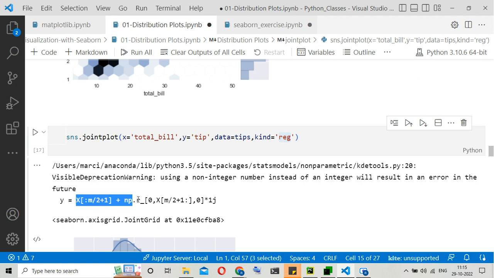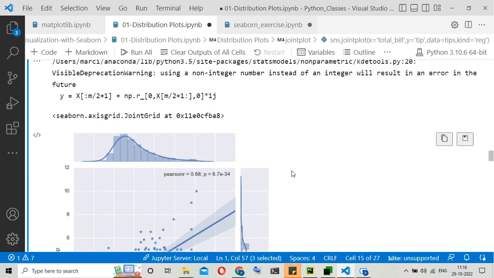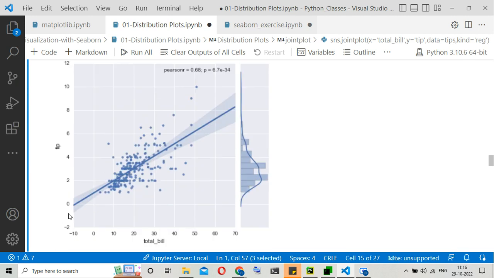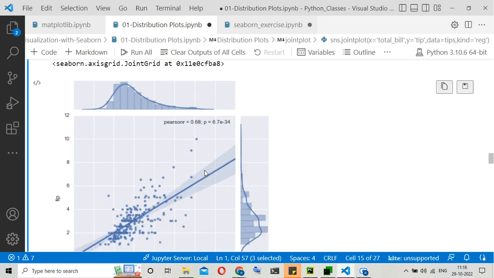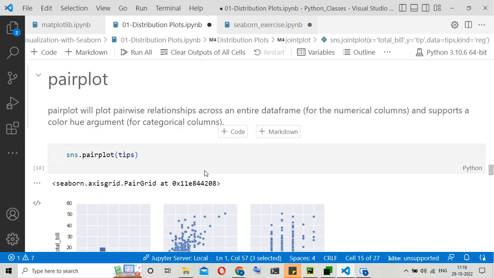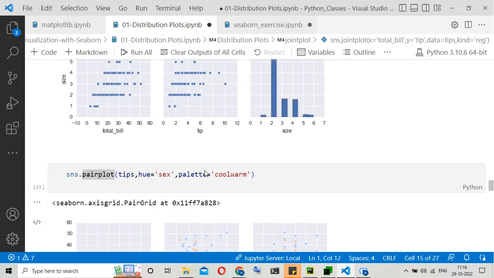And I think this is an equation, or we'll check what this is. So you can see there is a straight correlation. As your total bill increases, tip also increases. And they can have some range also. And you can plot these graphs and conclude something.